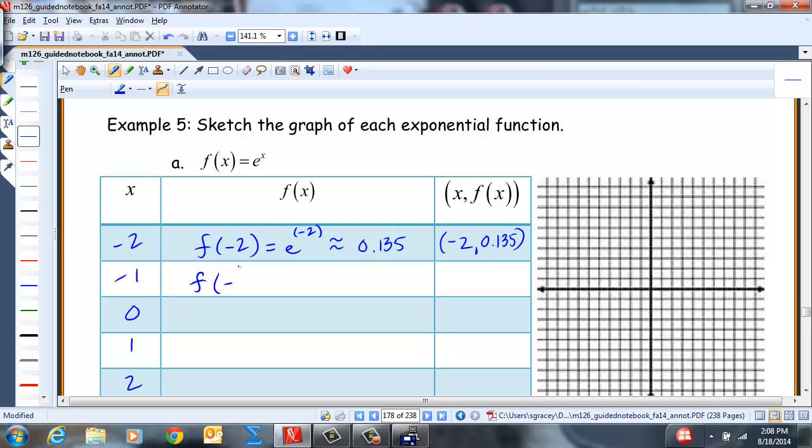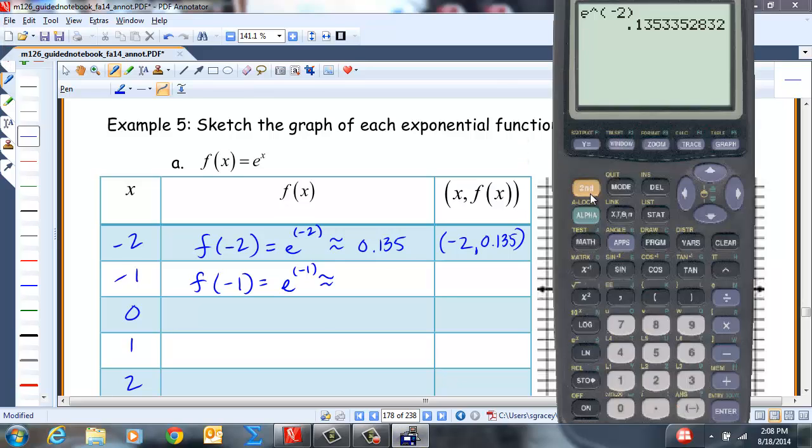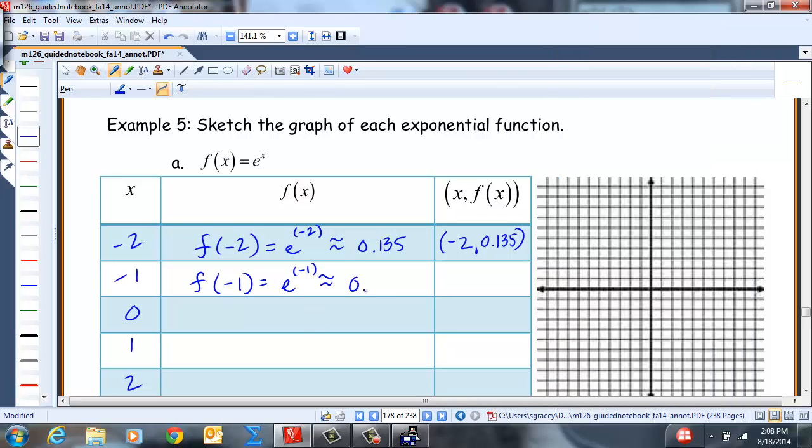f at -1 will be e raised to the -1, which is approximately 0.368. So -1, 0.368.